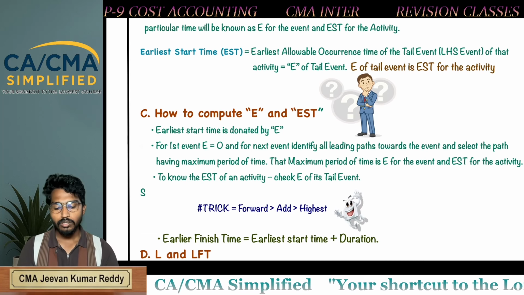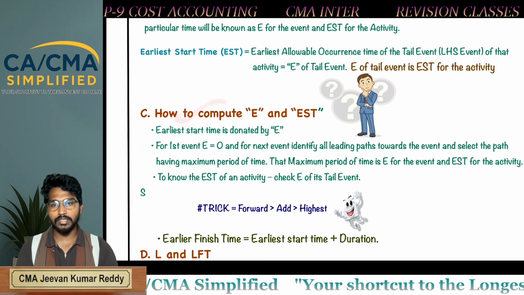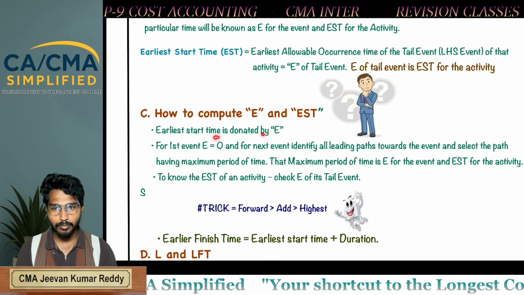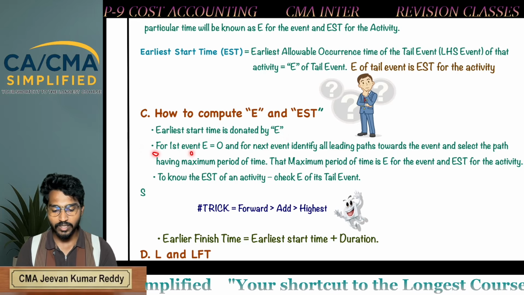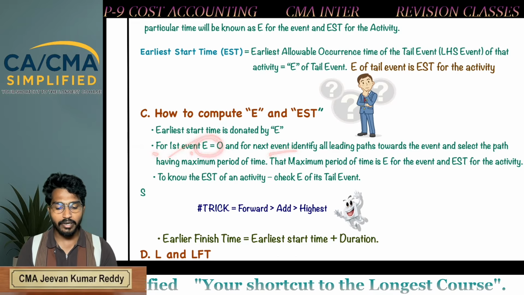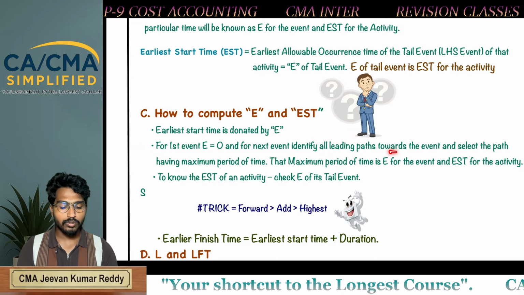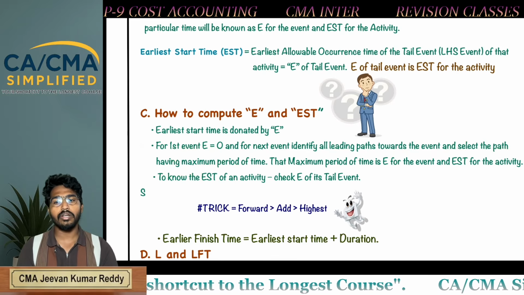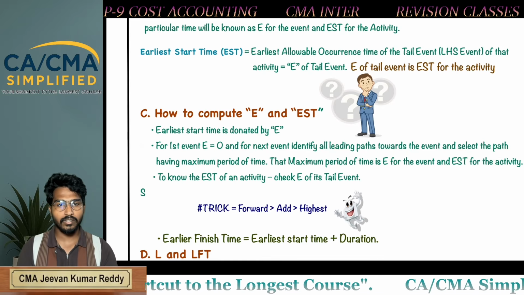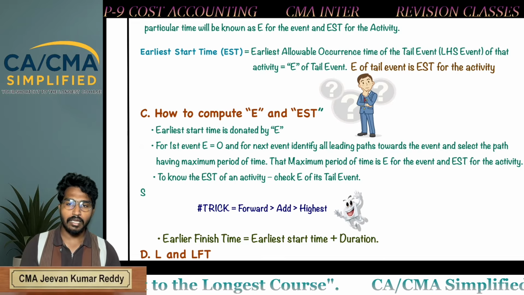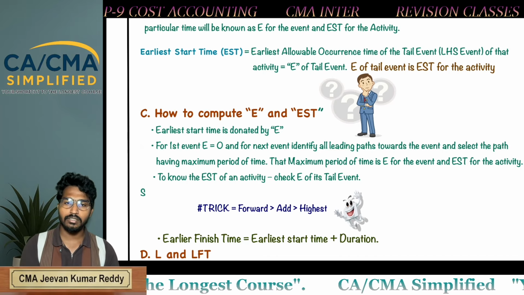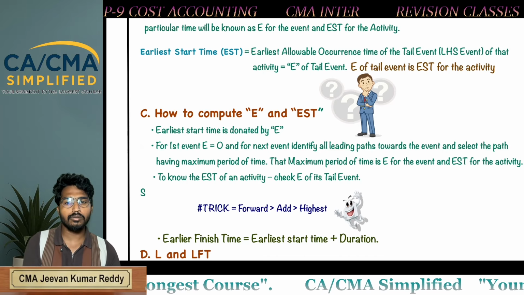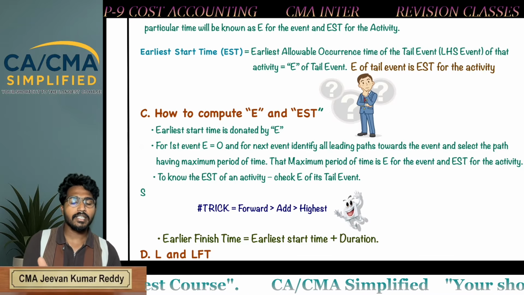Now, how to compute E and EST? Earliest start time is denoted by E. For the first event, E is 0. For the next event, identify all leading paths towards the event and select the path having the maximum period of time. So for calculating E for all the events, just take E for the first event, that is 0, add it to the next event and take the highest number.